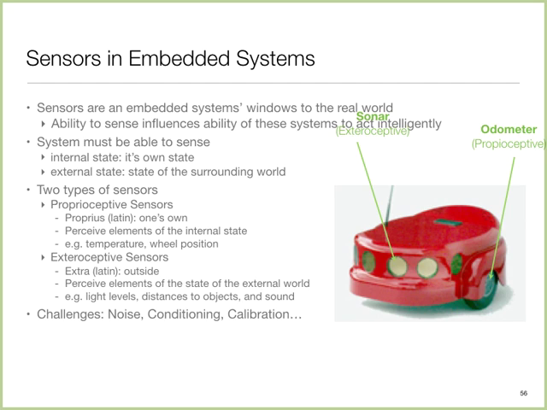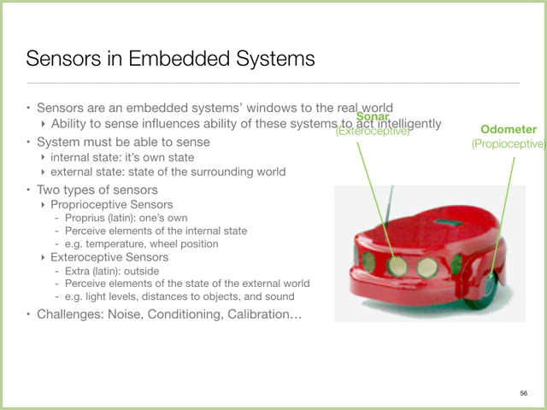One are called proprioceptive sensors, which basically means sensors which are about ourselves, looking inwards. In the case of a robot, it could be the temperature of the motor, for example. Exteroceptive sensors are sensors which a system uses to look outside, like a camera looking outside for obstacles, or hearing sound outside.